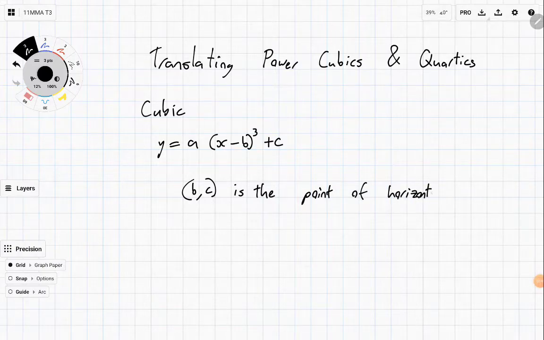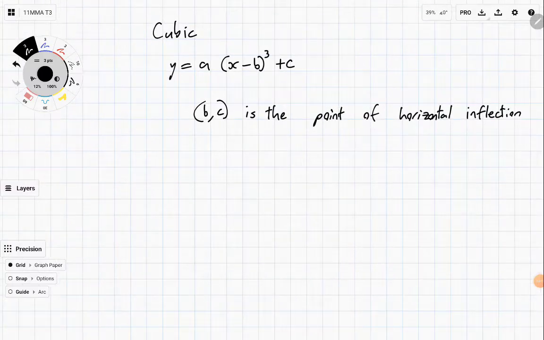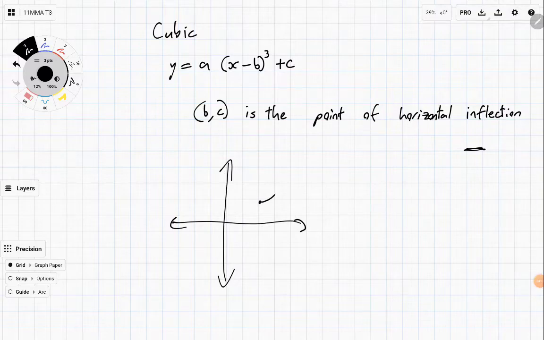All that means is that at that point, the gradient is flat. Basically, it looks like this, just for a moment. And if I put it on some fake axes, that point there is where it changes from being concave up to concave down, or vice versa. That's the idea. So that's the point b, c.